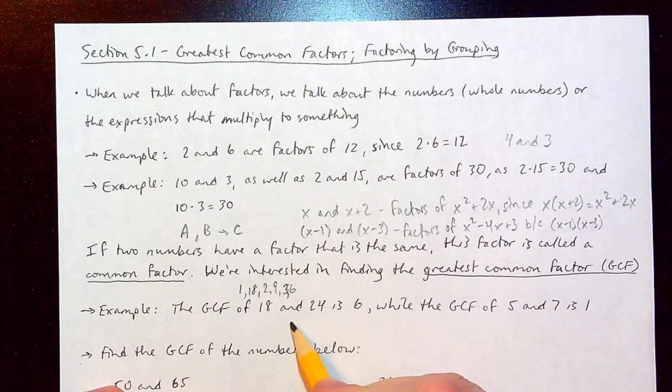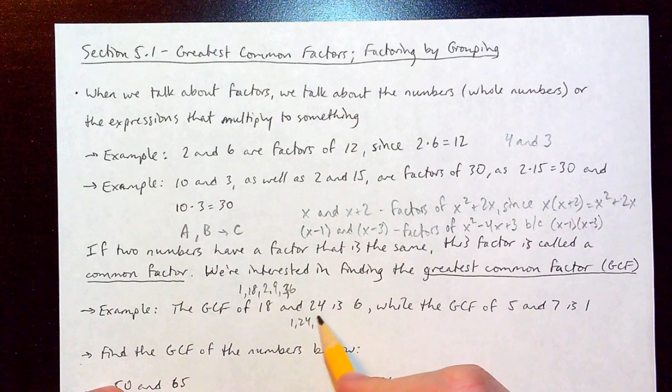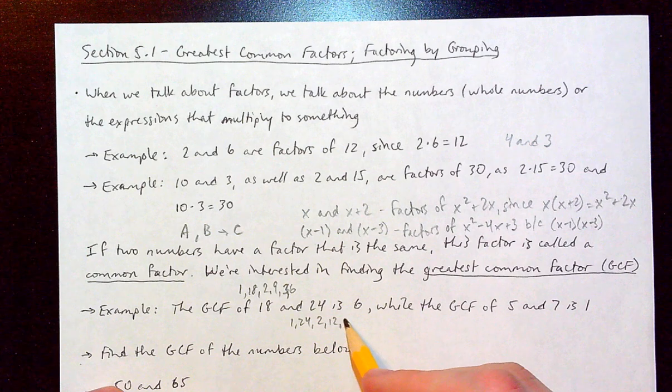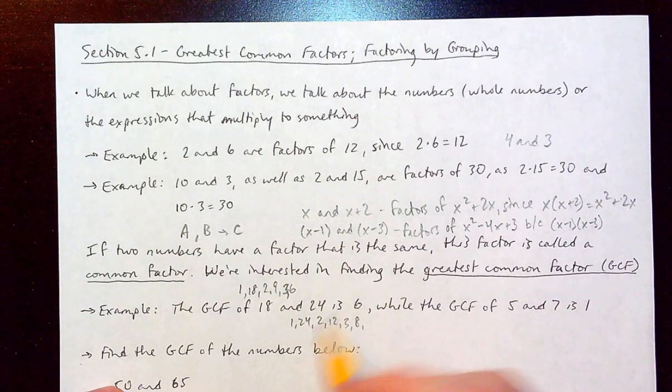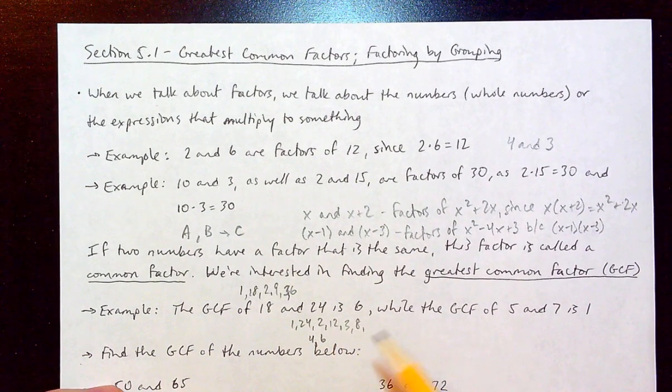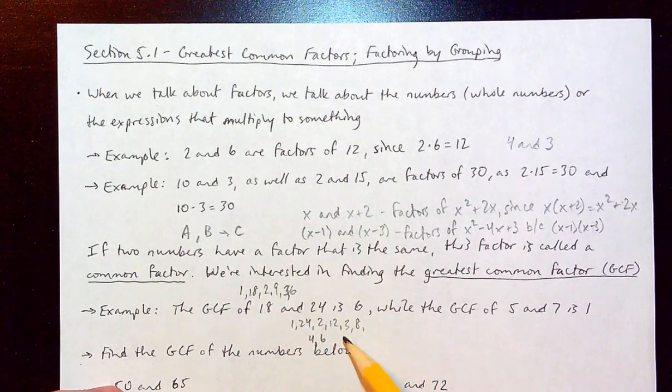And then for 24, I can go 1, 24, 2, 12. I have 3 and 8. And then I have 4 and 6. So if you compare these two lists of numbers, what's the largest number that lies in both of these lists? It's 6. So that's why we say that 6 is our greatest common factor.